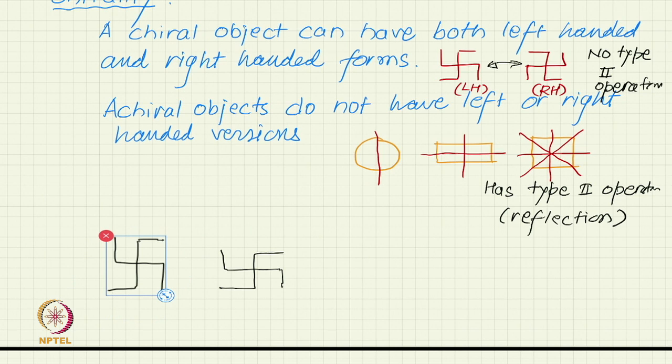If I try to rotate this here, I can bring it into a similar position, and I think it got a little bit changed in size in my operation, otherwise I could have brought it into self coincidence. So, it is self coincident.